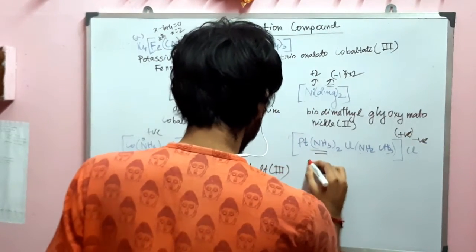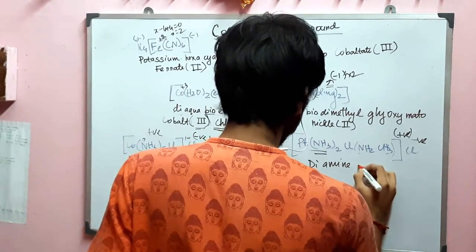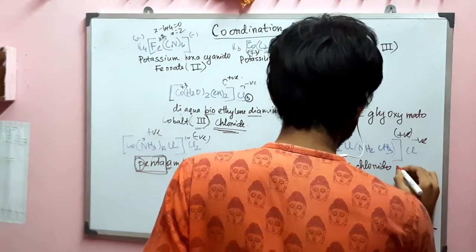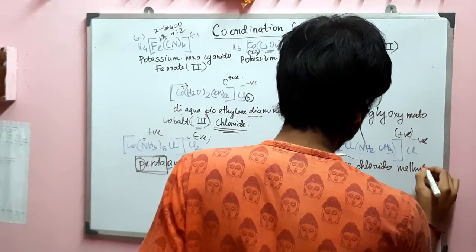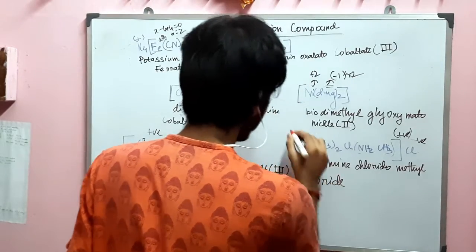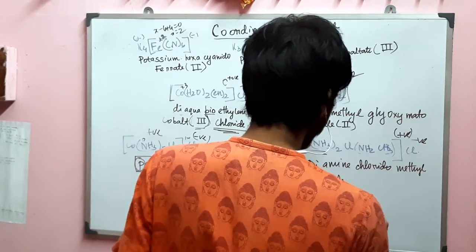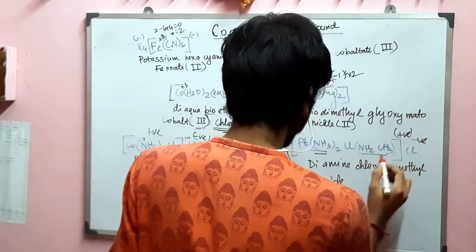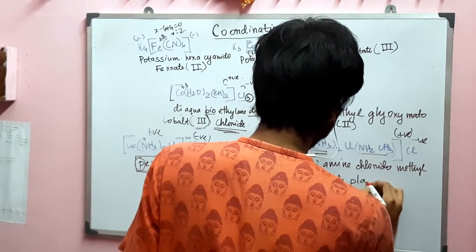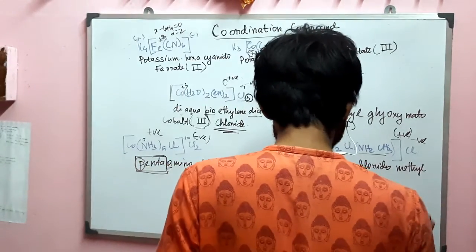So this is diammine, chlorido, methylamine, platinum.